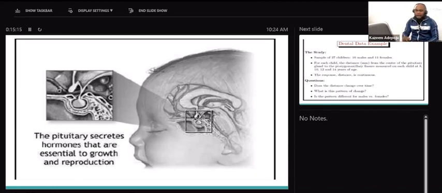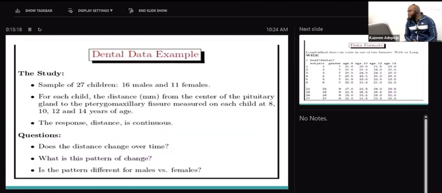Now, we've been using this data where we have 27 children, consisting of 16 males and 11 females. And of course, they were observed for that distance. We observed that when they were 8, at the age of 10, at the age of 12, and at the age of 14.